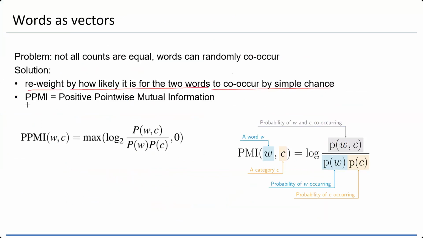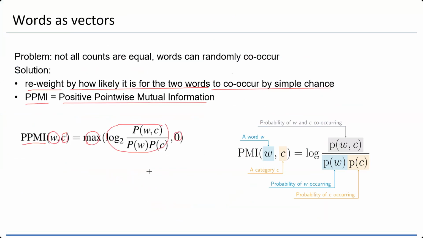So we have the PPMI, which is the positive pointwise mutual information. So the PPMI of the word and the context is the maximum of the log, comma 0. What does it mean?